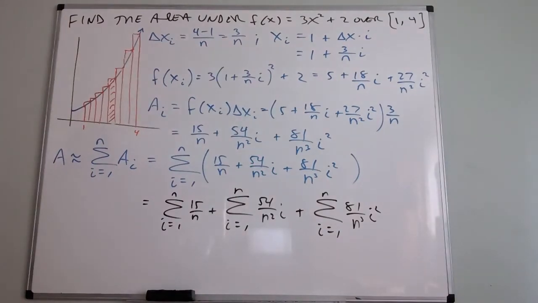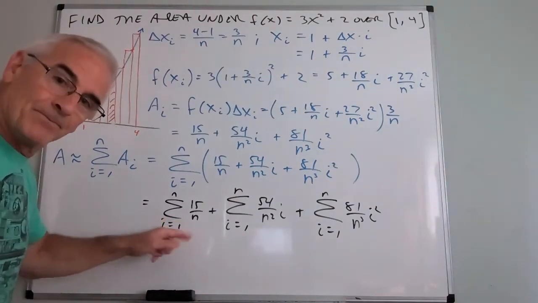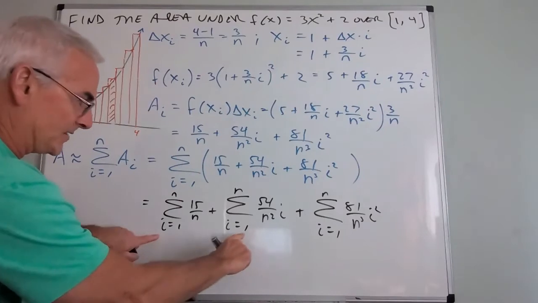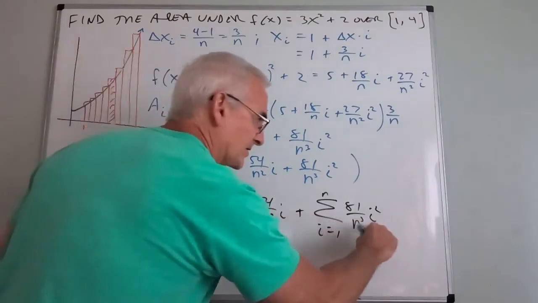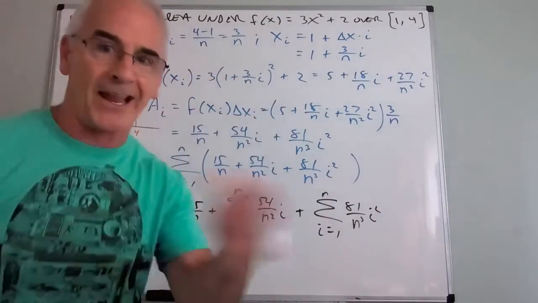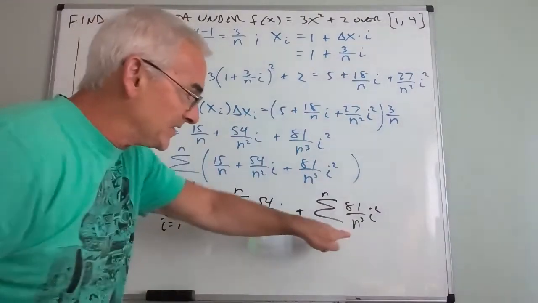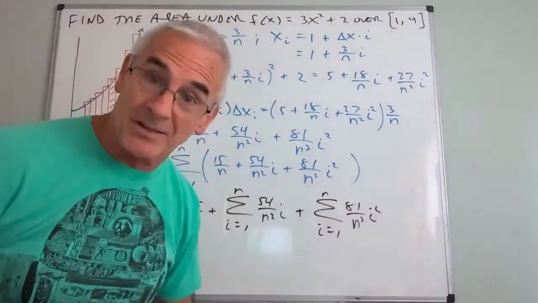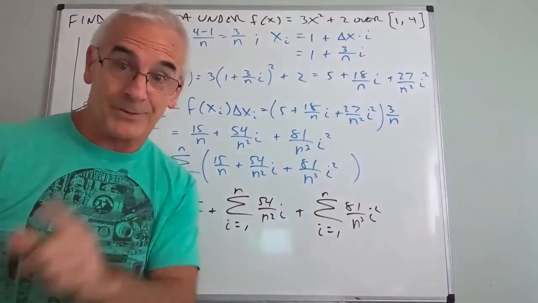And then secondly, I can factor. What do you mean factor? Well, i is the index. i is the only thing that's changing in the summation. I can't go anywhere. But n is a constant. 81 over n cubed is a constant. I can factor it out.